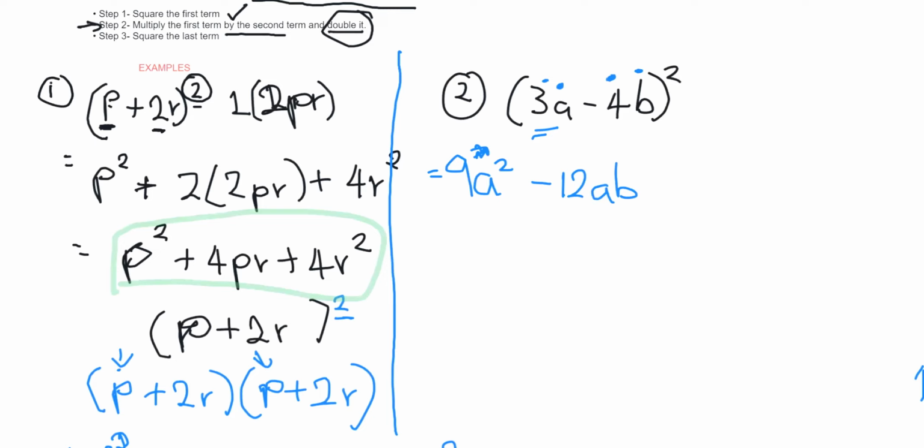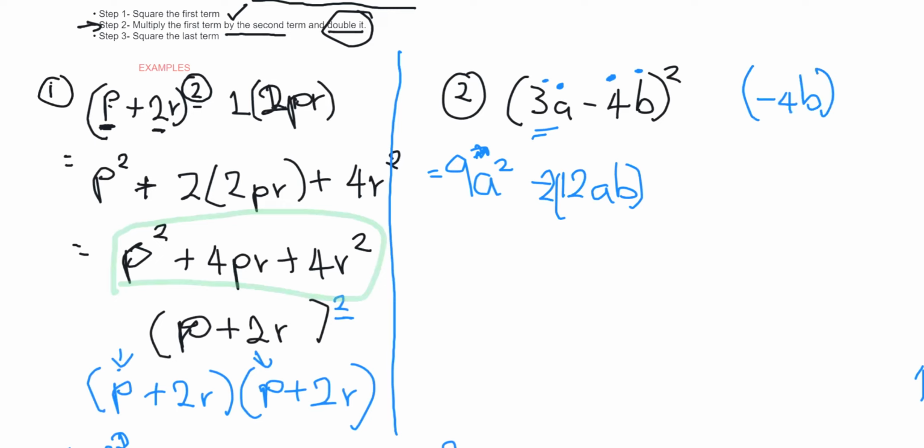And then after the negative 12ab, then now you do what? You come back. You are saying this must be what? This must be doubled. So it's 2 multiplied by negative 12ab. Then the last one is going to be, now remember, the last one, let me just write it here. It's same as negative 4b squared.